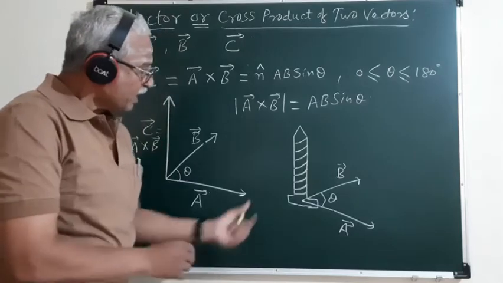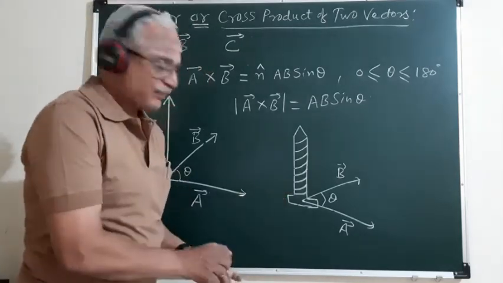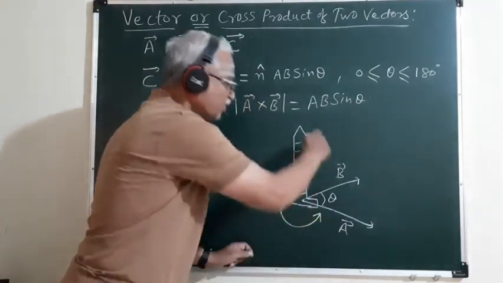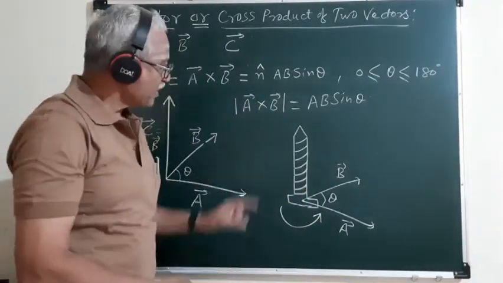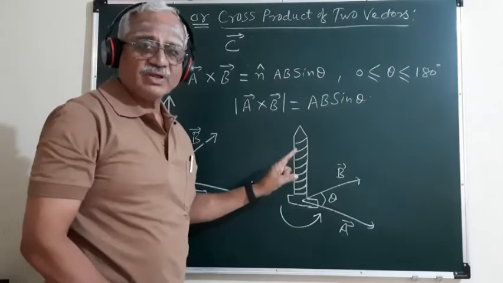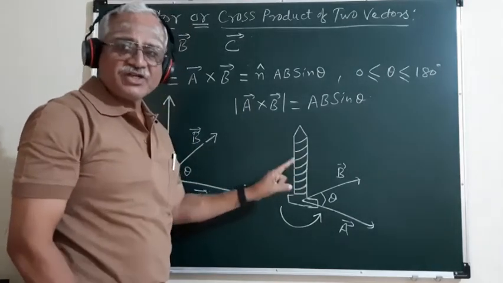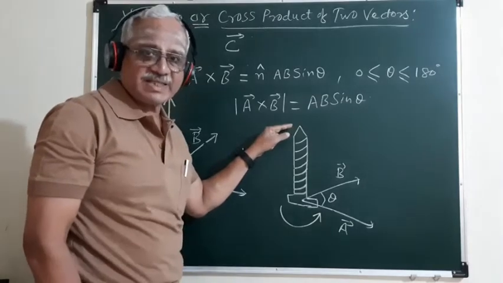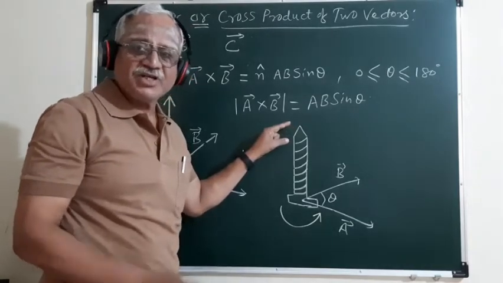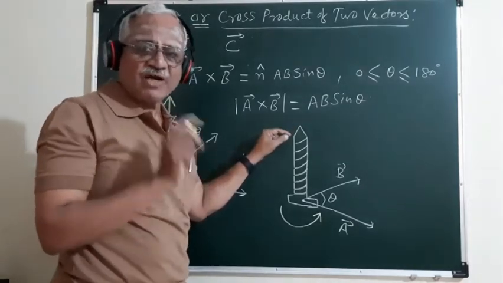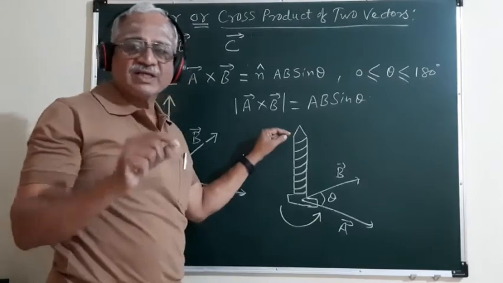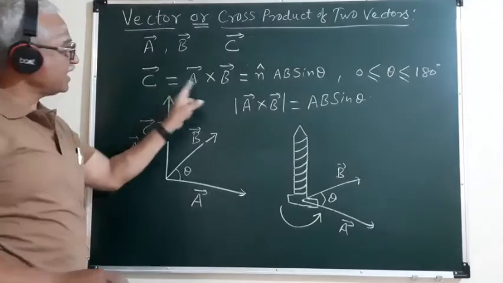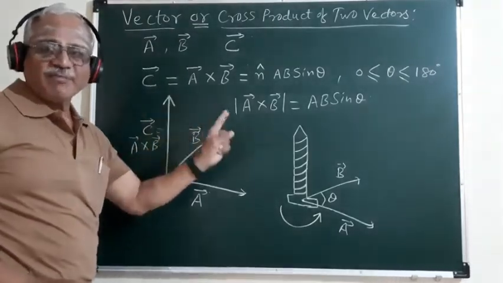Now, if we rotate this right-handed screw in the sense from the first vector in the product towards the second vector, and if we observe in which direction the tip of this screw advances, this direction in which the tip of the screw advances gives us the direction of the vector C bar representing the cross product of A bar and B bar.